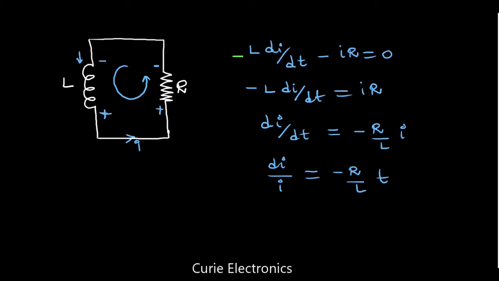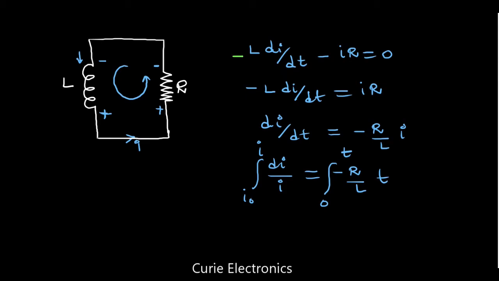Now from this equation, if you want I, what we have to do? We have to integrate. And what is going to be our limit? Current will be from I0 to I, and time from 0 to t.